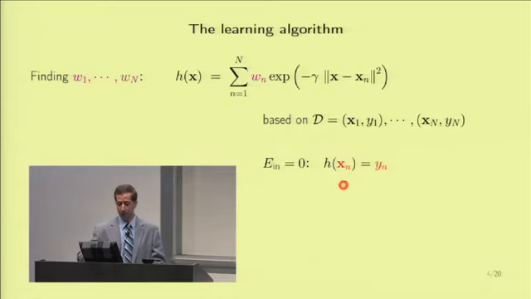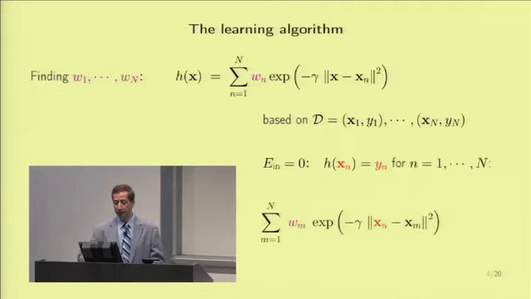So let's substitute in the equation here, and this is true for all n up to capital N. Here is what you have. First, you realize that I changed the name of the dummy variable, the index here, from n to m, and this goes with xm here. The reason I did that is that I'm going to evaluate this on xn, and obviously you shouldn't recycle the dummy variable as a genuine variable.